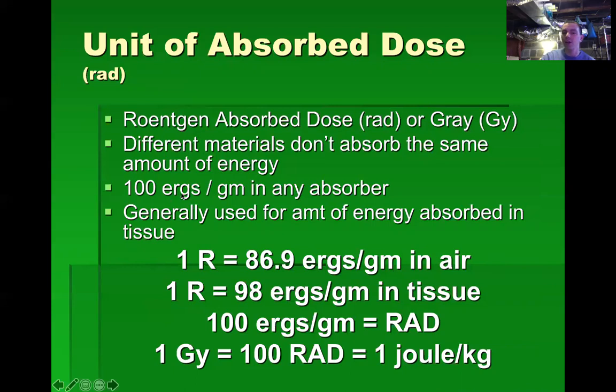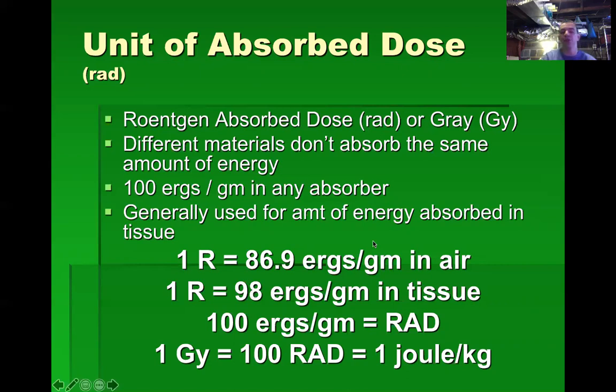Ergs are, again, like a holdover unit. They're a unit of energy, but for the most part you really don't use ergs outside of defining the RAD. You'll see that 1 R, one Roentgen of exposure, can equal different absorbed doses depending on what you're dealing with. 1 R equals about 0.887 rad in air, but 1 R in tissue will equal pretty much 1 rad.